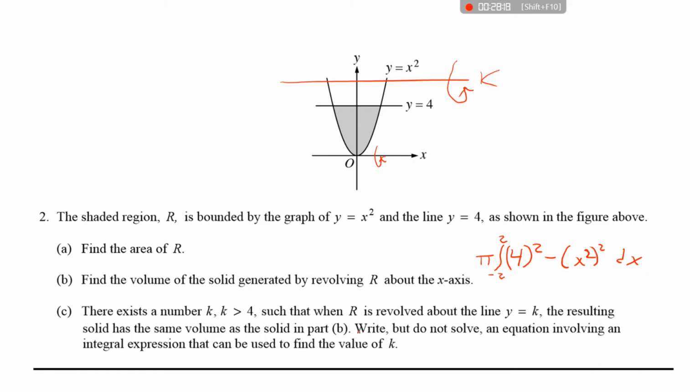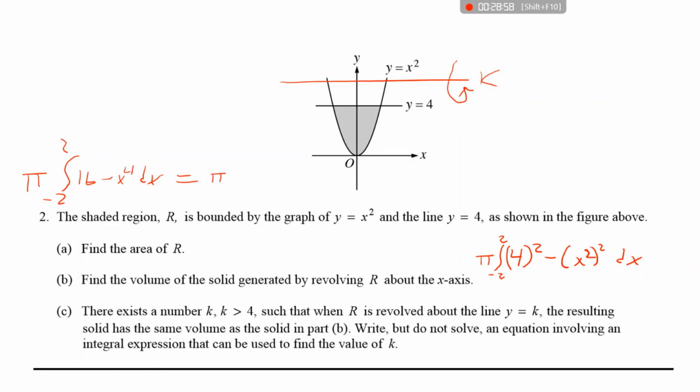Okay. So if this is our integral for b, then I can take that integral for b, pi times the integral from negative 2 to 2 of 16 minus x to the 4th dx, and set this volume equal to a new volume with some value k that we're using this method for. So if I'm going to revolve this area about this new line y equals k, my inside function is 4, my outside function is x squared still.